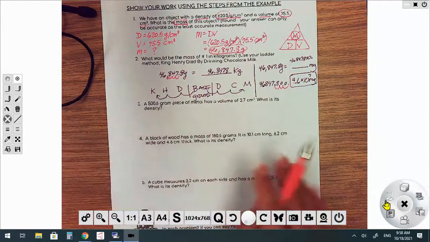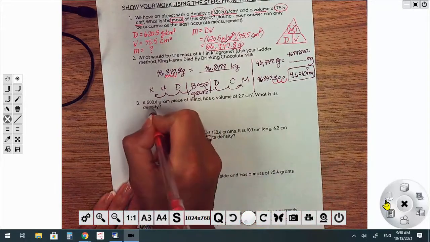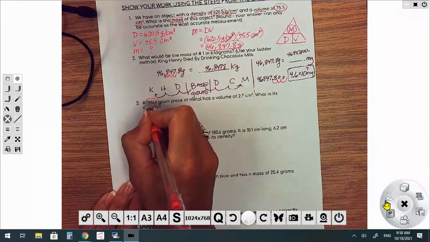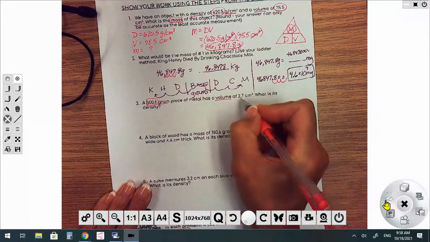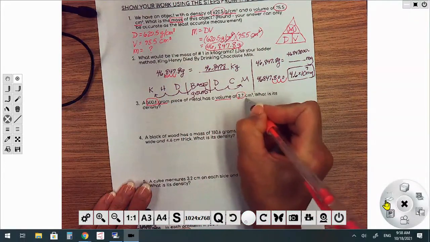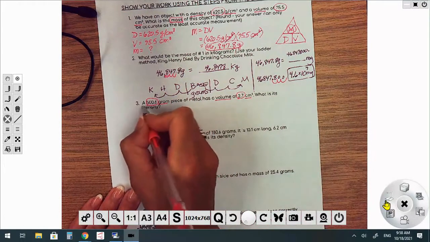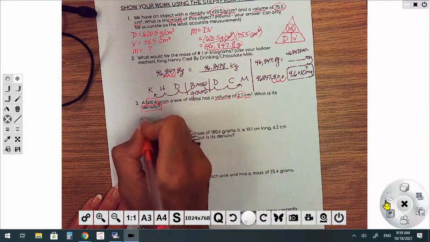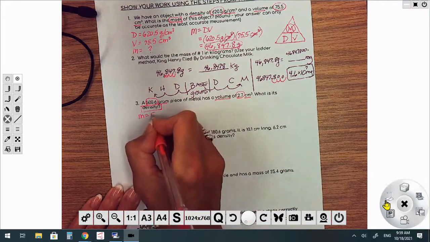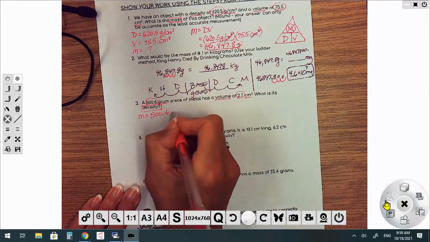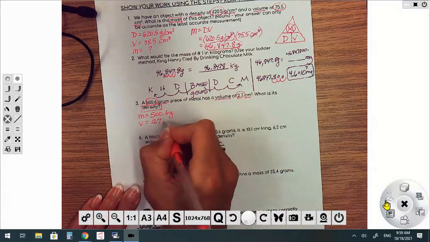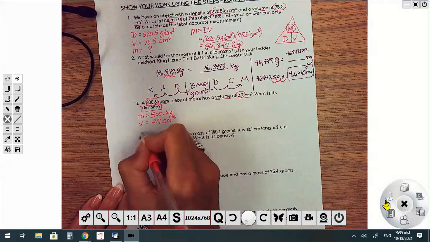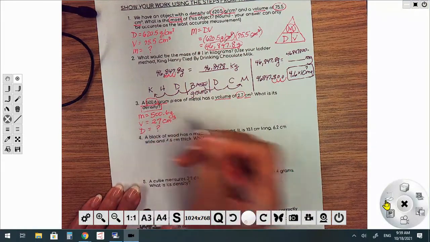All right, number 3, a 500.6 gram piece of metal has a volume of 2.7 cubic centimeters. What is its density? All right, so we know our mass is 500.6 grams. Our volume is 2.7 cubic centimeters, and we're trying to solve for density.